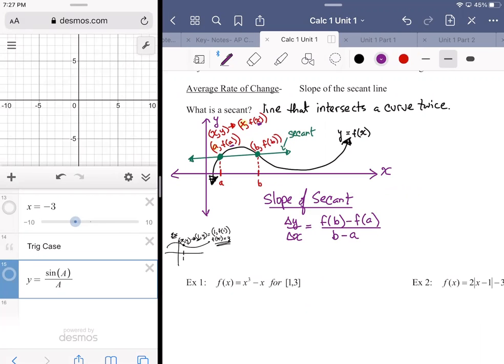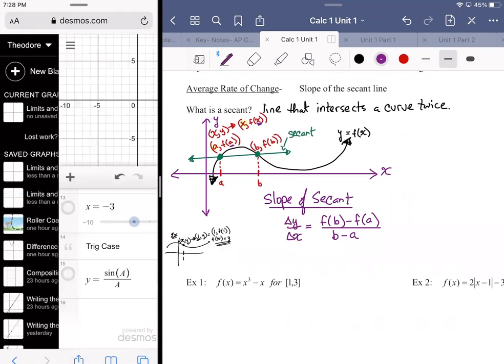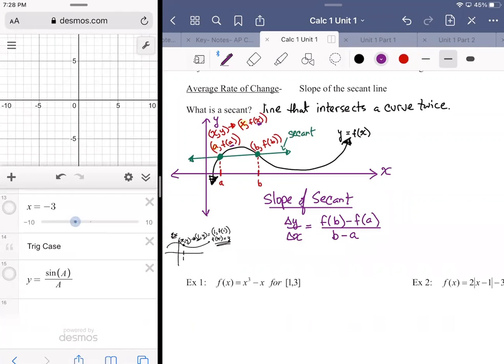All right. So if I want to evaluate a particular function in order to find the slope of the secant line, I can do it a bunch of different ways. I could do it completely manually, but what I could also do is put the function in and find the y values that correspond with those x values, and then go from there.